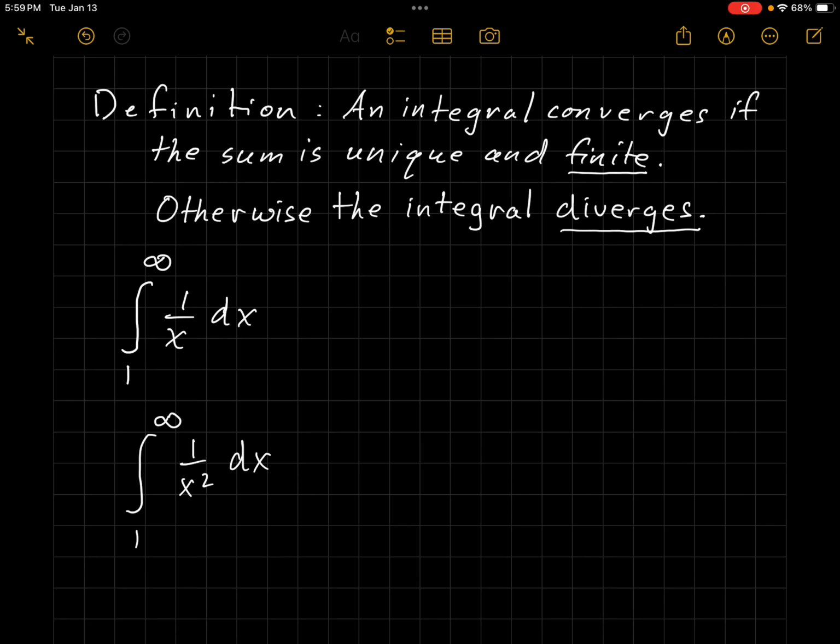Since in our first example, the value went to infinity, we would say that this integral diverges. But in the second example, the integral equaled 1, and we would say that the integral converges.